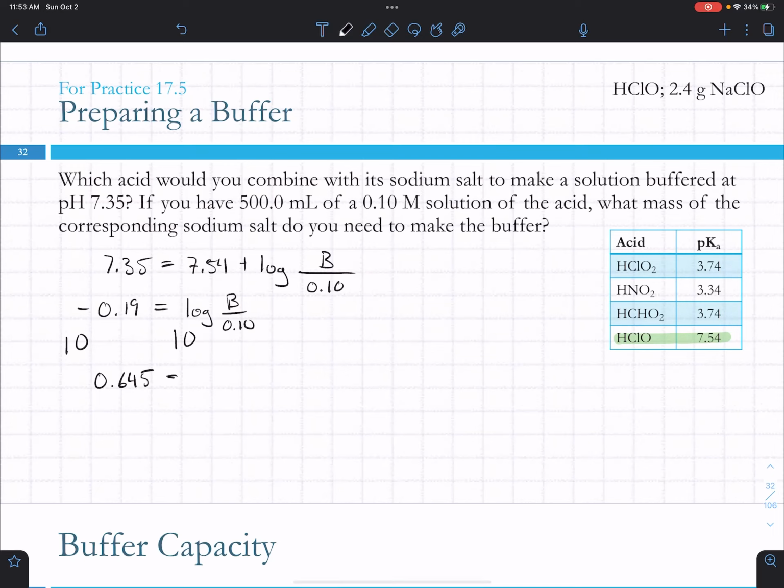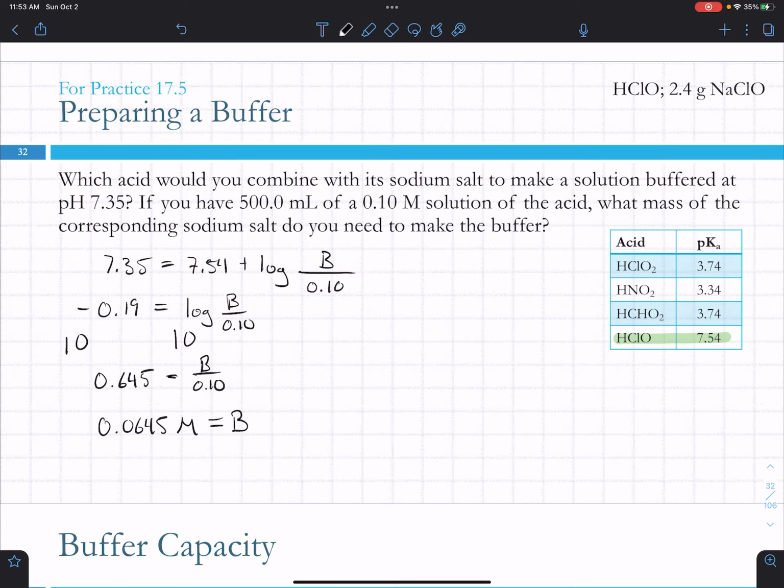I'm keeping the whole number in my calculator. You should too. That equals base over 0.10. So 0.645 times 0.1 is going to be 0.0645 molar, and that's the concentration of the base that we need.